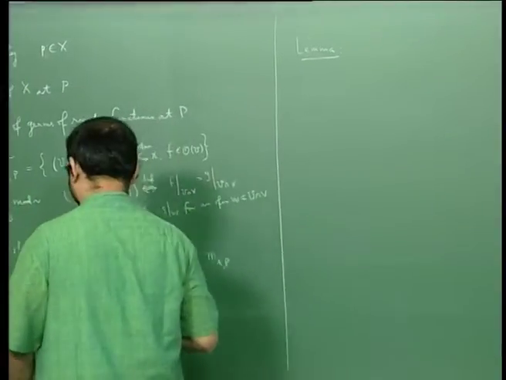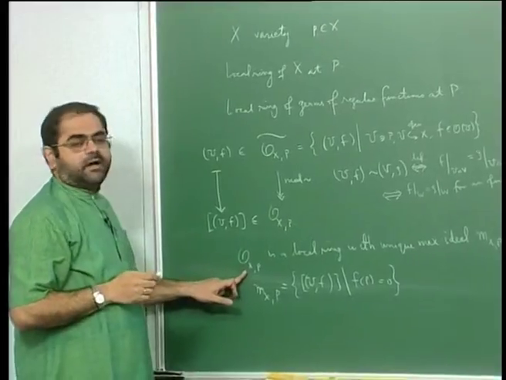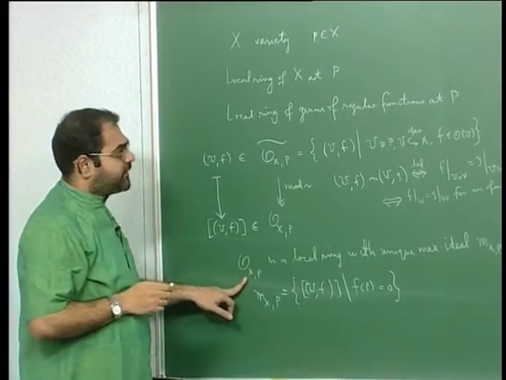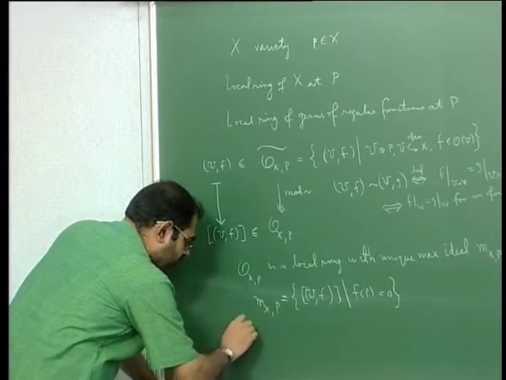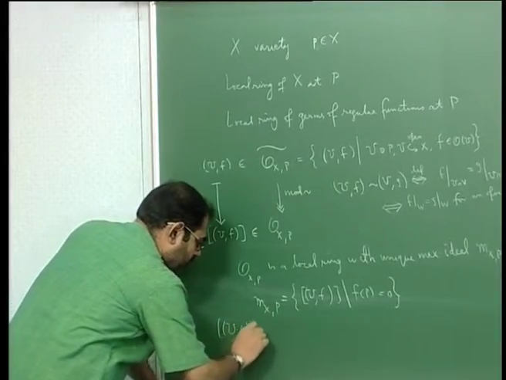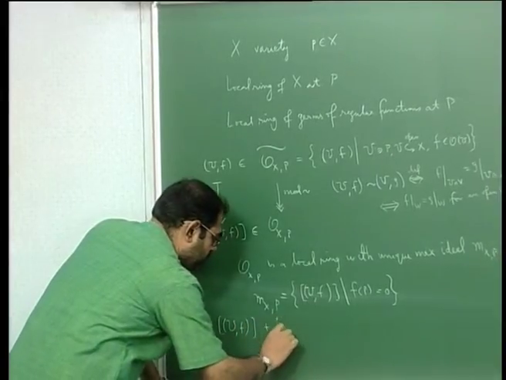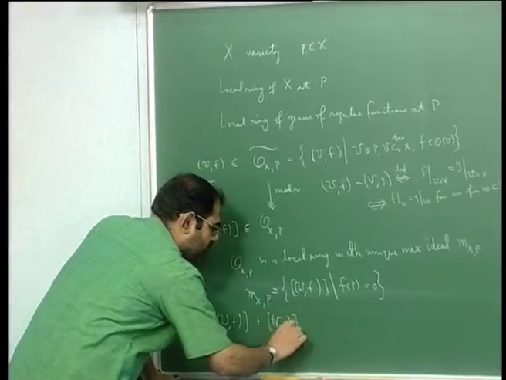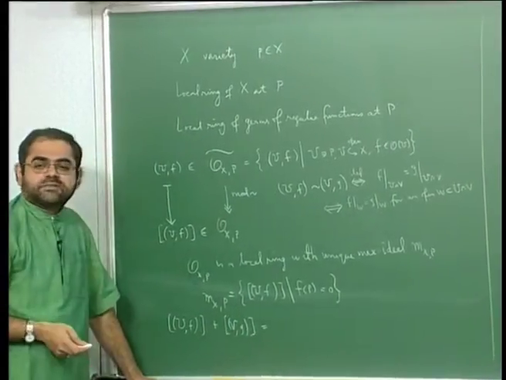By the way, I forgot to tell you that there is an obvious way in which addition and multiplication are defined here. Maybe I will just recall it. You have (U, f), a germ, and you add it with (V, g) by simply adding the functions on the intersection.